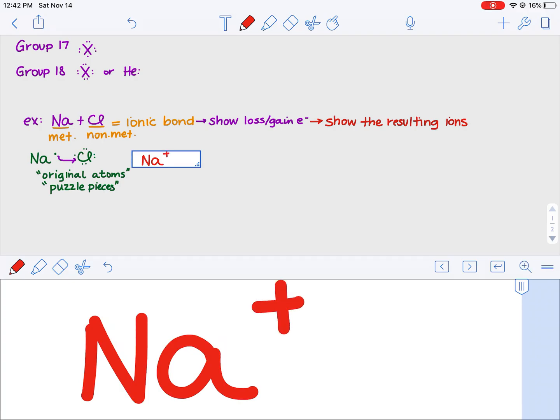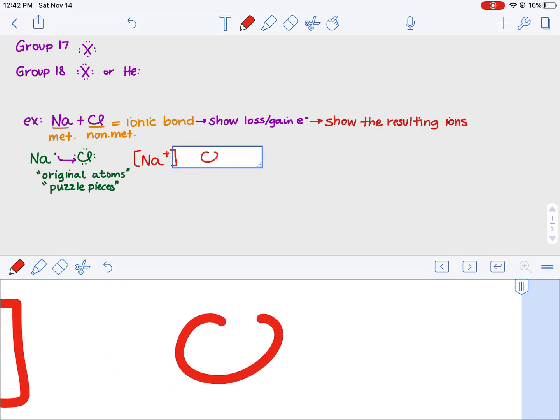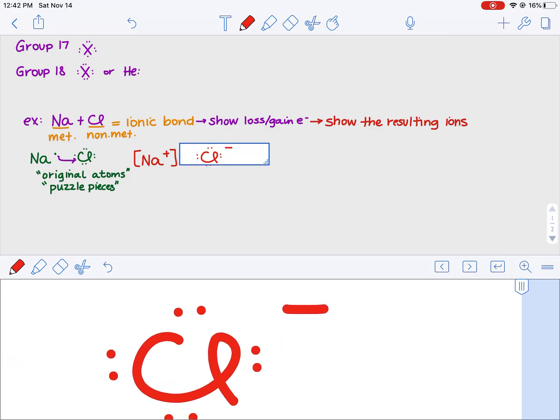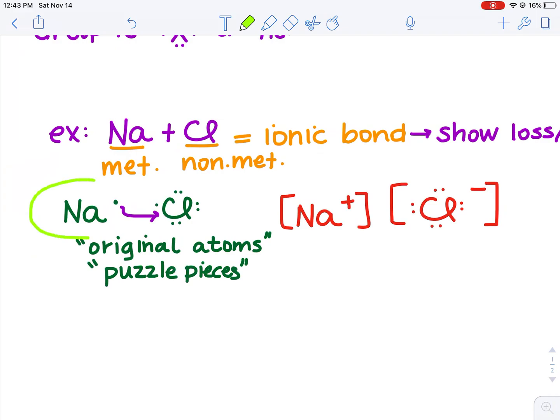However, I will indicate that it's now a cation with a charge of +1, and I will put that symbol in brackets. The chlorine atom just gained an electron from the sodium, and it now has 8 electrons around its symbol. I will indicate that it has a -1 charge because it has gained 1 electron, and I will put its symbol in brackets.